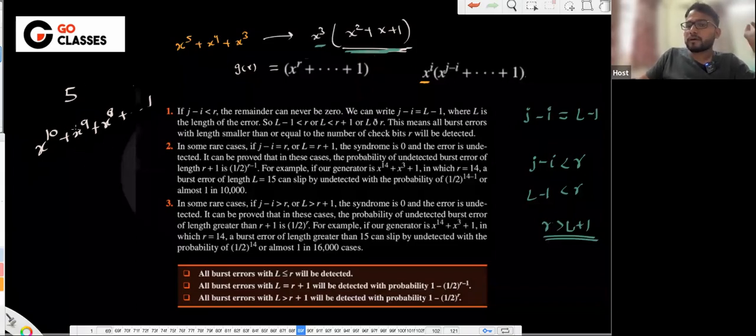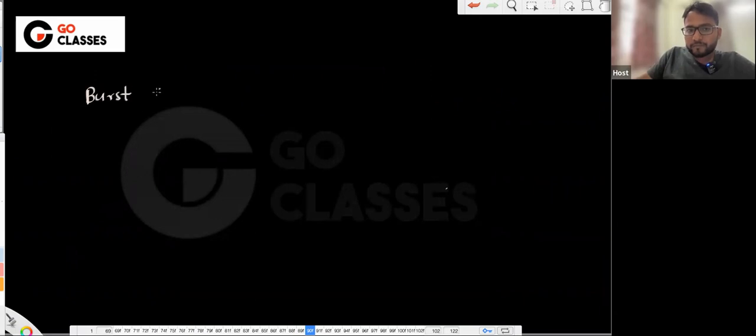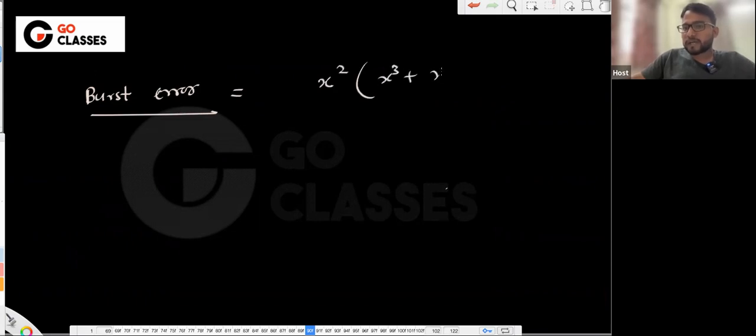You getting my point? So what they said is that there is a burst error of this form. Let's suppose x square plus x cube plus x power 2 plus x power 1 plus 1, anything, suppose of this form. I mean, this should be contiguous. Maybe you can drop 1 or 2 from the last, but it should be contiguous only.